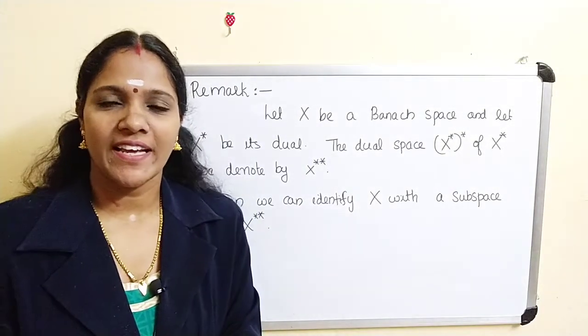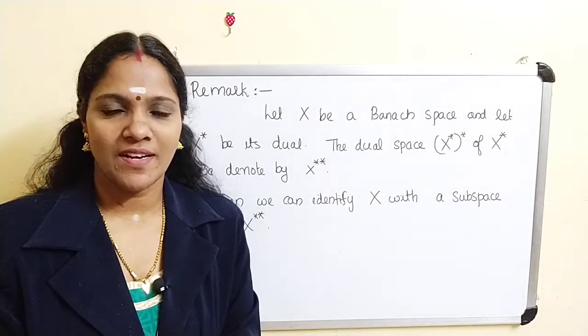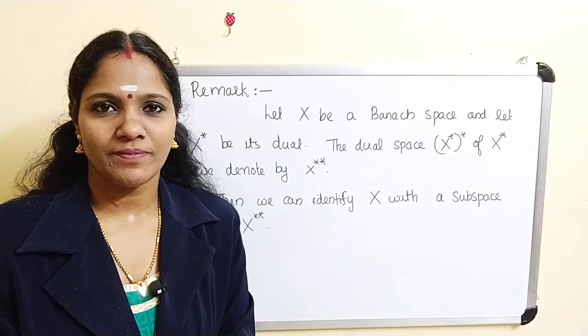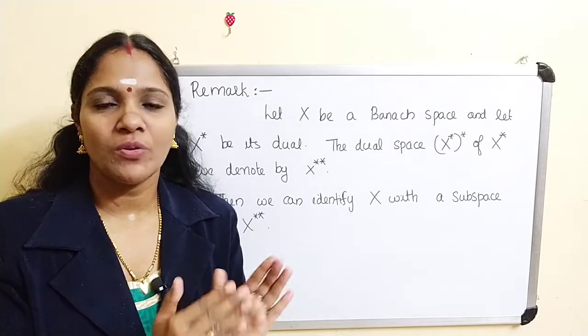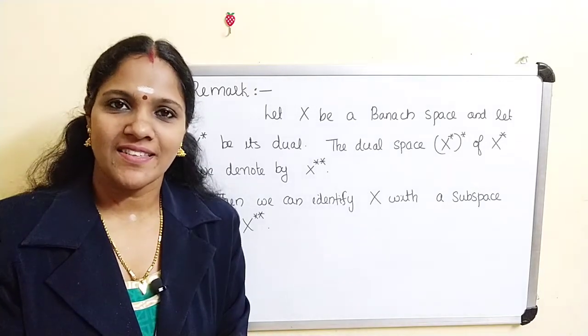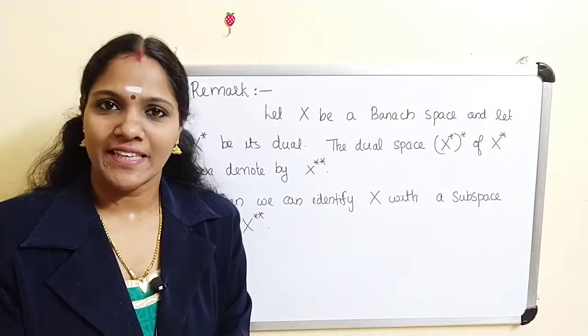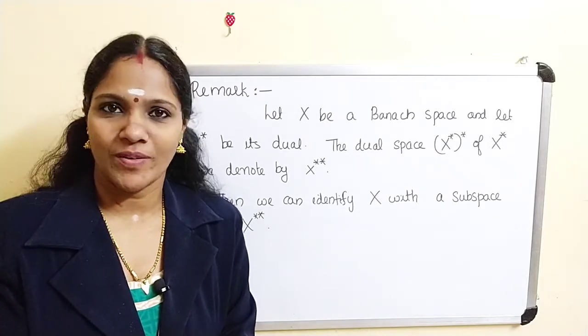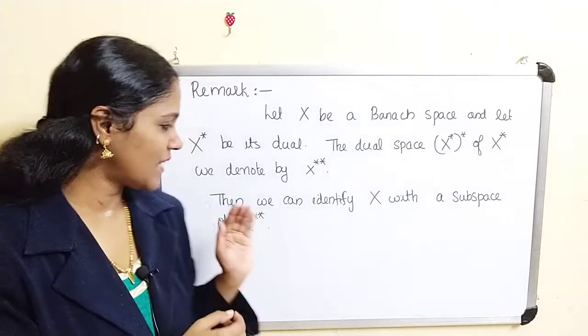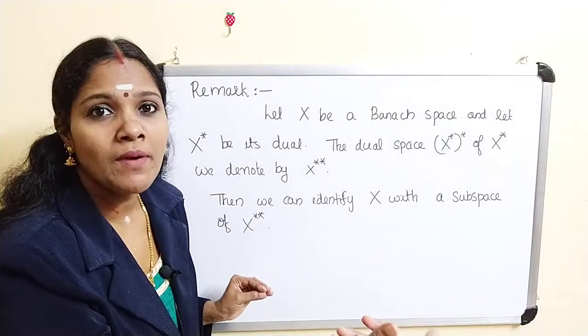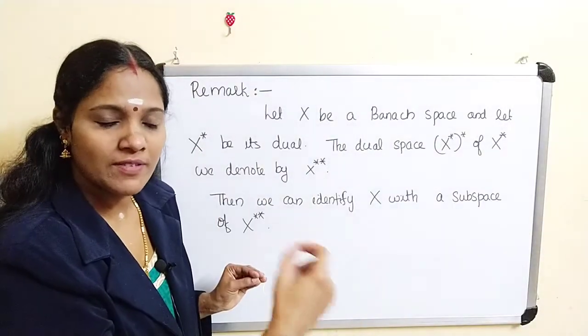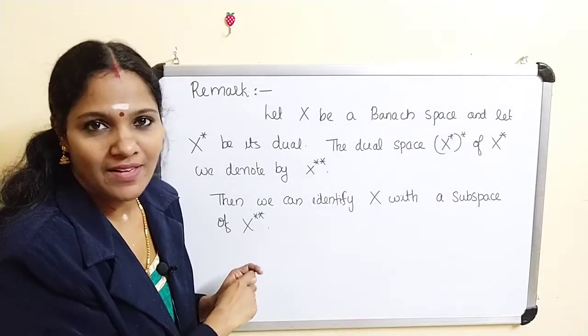For identifying X with a subspace of X double star, what do we have to do? Here we define a map from X to X double star such that the map is linear and also one-to-one. Before that, for x belonging to X, we have to find some element in X double star.